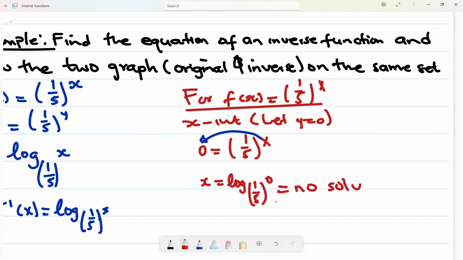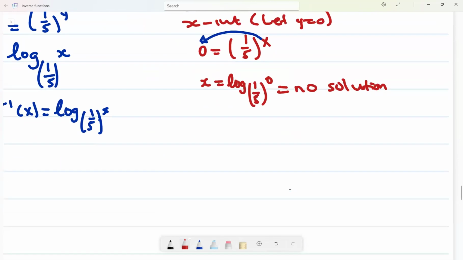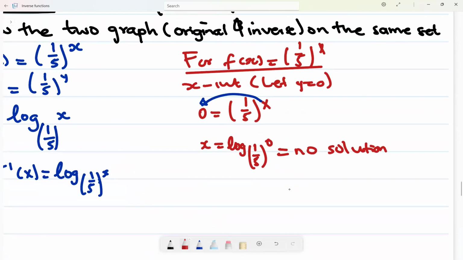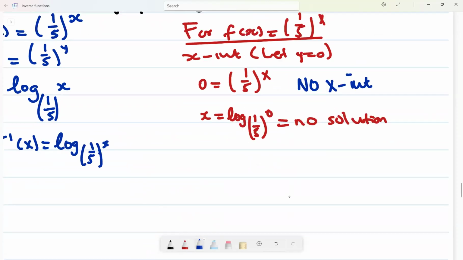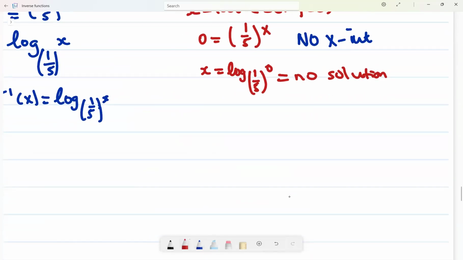That's fine. So it means I do not have an x-intercept. Does that worry me? No. Let me find my y-intercept. For the y-intercept, I let x equal to 0.